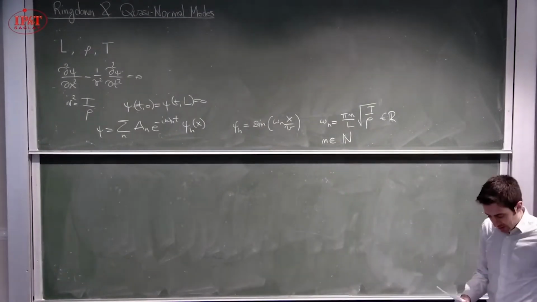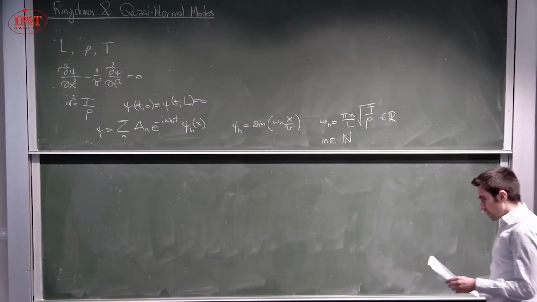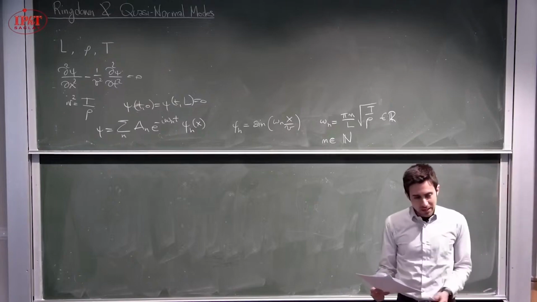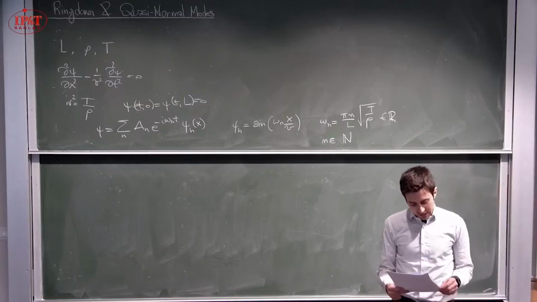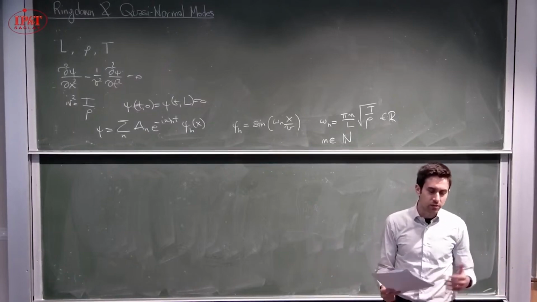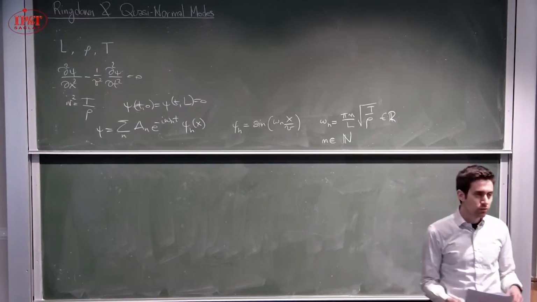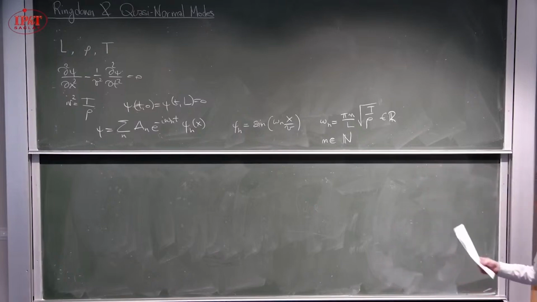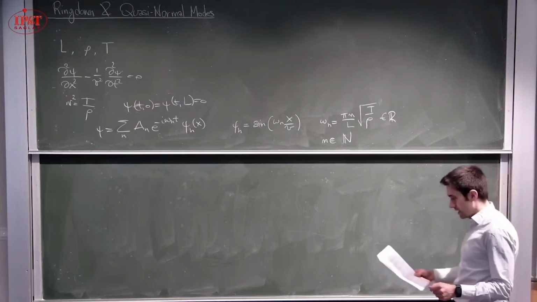Of course, now perturbations of a compact object or a black hole are slightly different in the sense that, first of all, perturbations can escape to infinity. So in this sense, the system is more similar to an open system rather than a finite string.